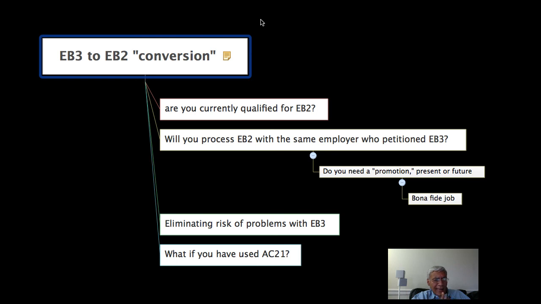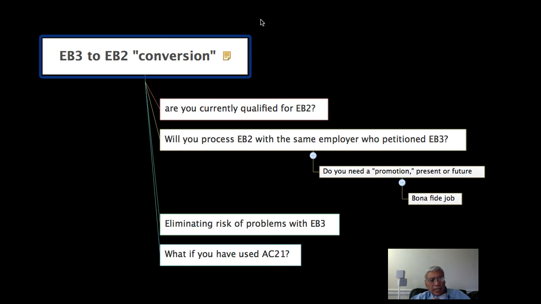Yeah, go ahead. You mentioned that for EB3 to EB2 conversion, it is easier to apply with a different employer. Why do you say that? Because, let's say you need to use the experience that you have gained while working for the EB3 employer. If you change employers, you don't have to do a promotion, you can use that experience.